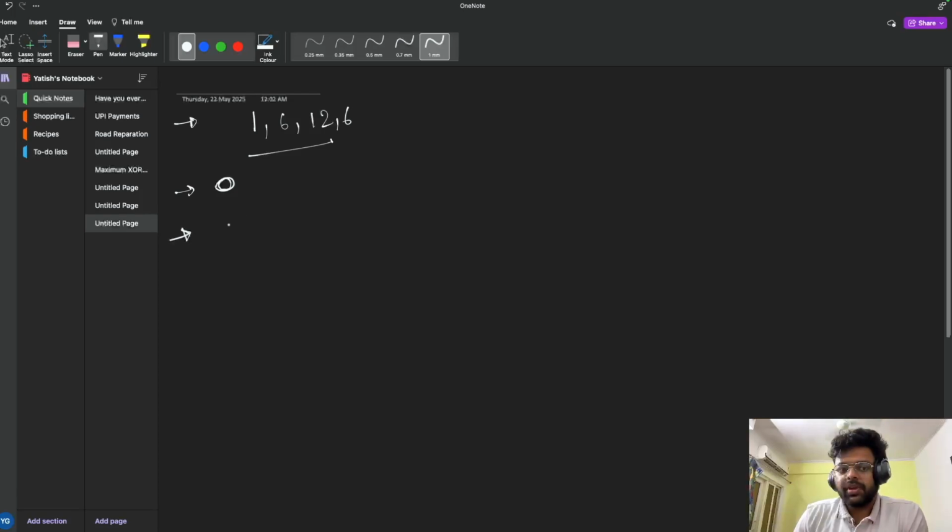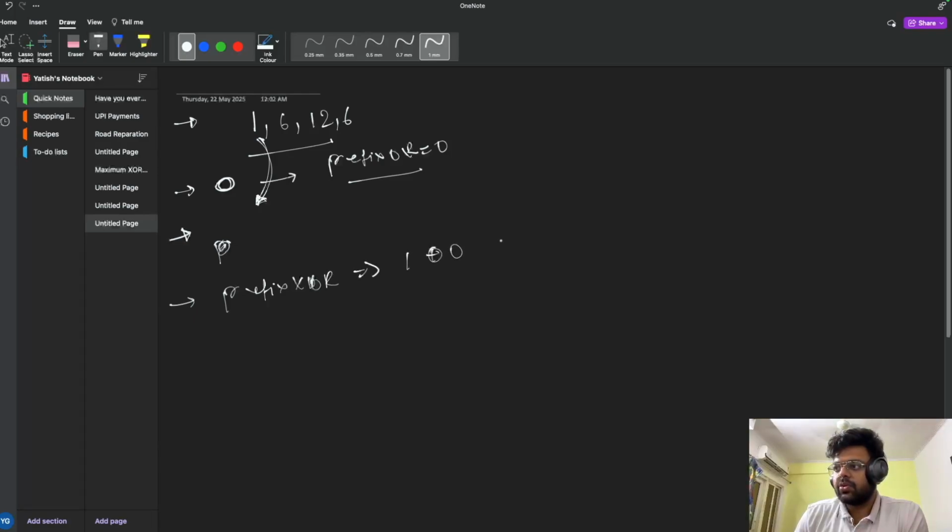The prefix XOR is also 0. Now when we move to the element 1, our prefix XOR would be 1 XOR 0, which is 1.